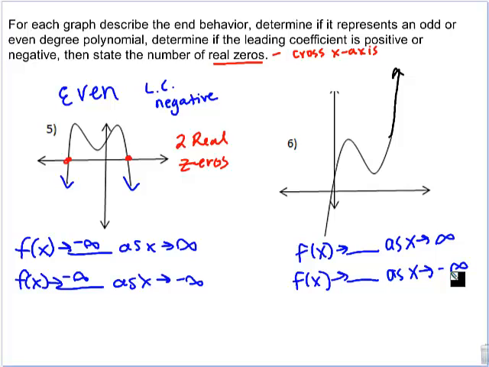Okay, so on the right-hand side, where are we going? There are names for it, but it's not really applicable to this right now. So f of x approaches which way as we are on the right-hand side? Positive infinity. And on the left-hand side, we're going to negative infinity.